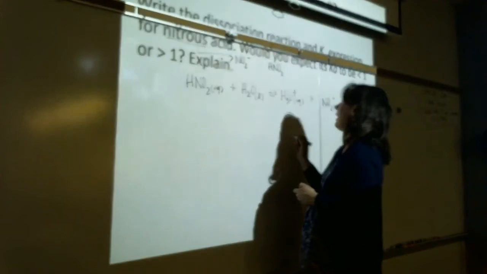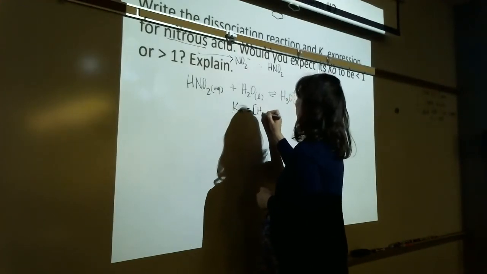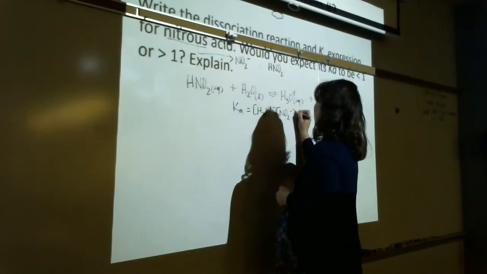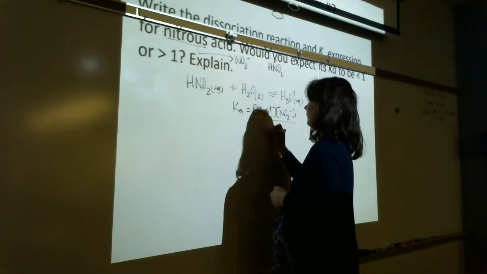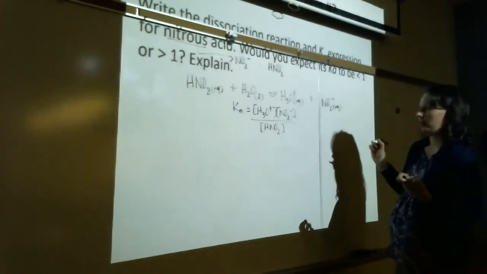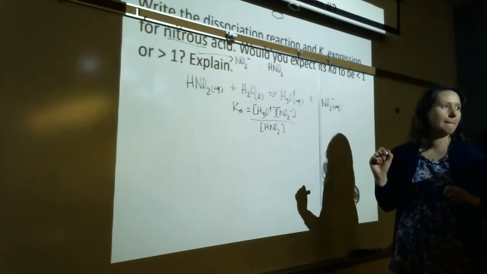And then Ka would be H3O plus times NO2 minus over HNO2.